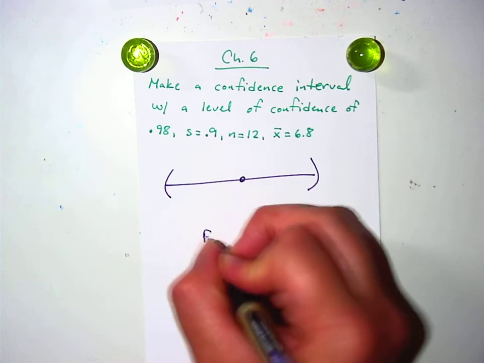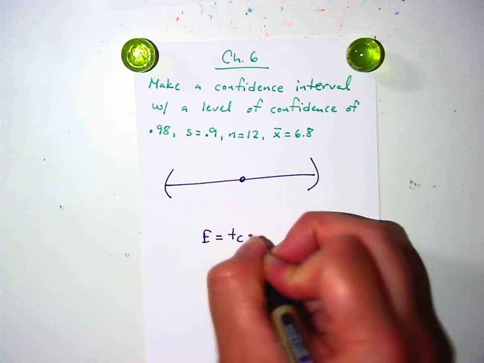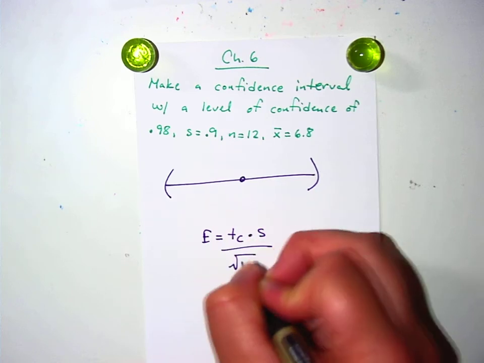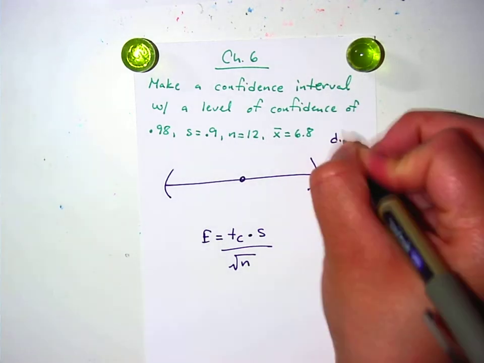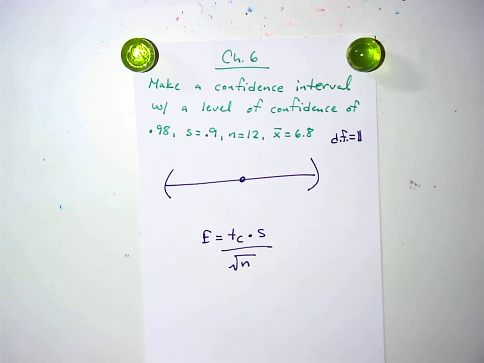All right, so the error is t sub c times s divided by the square root of n. To find t sub c, you're going to have to go on page A18 and figure that out. And remember, degrees of freedom is 11, so that's 1 less than the sample size.